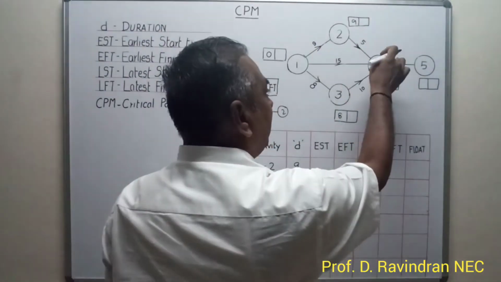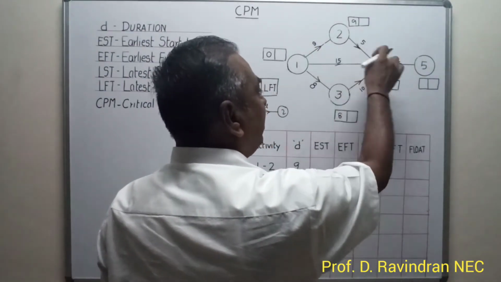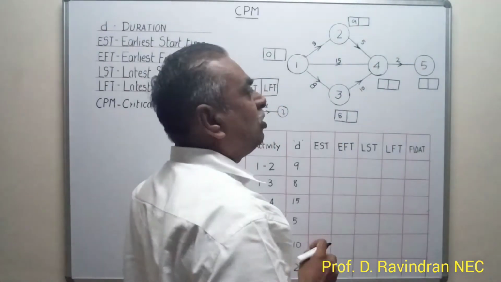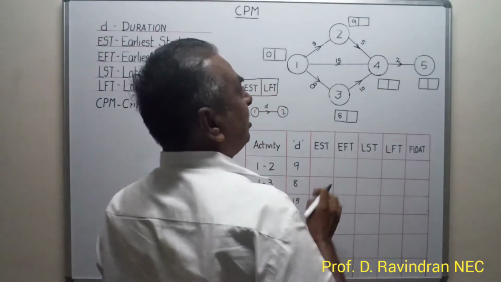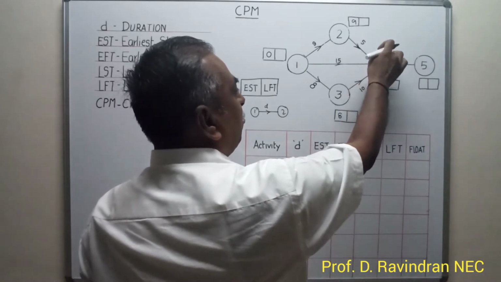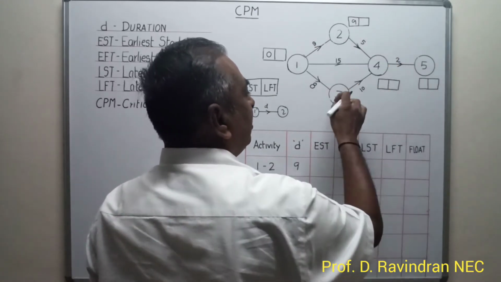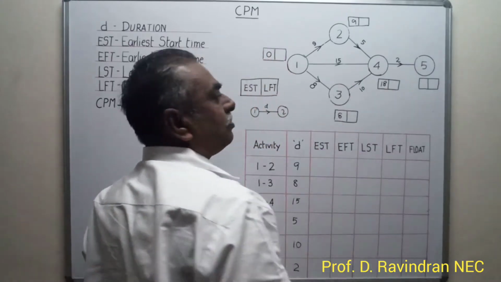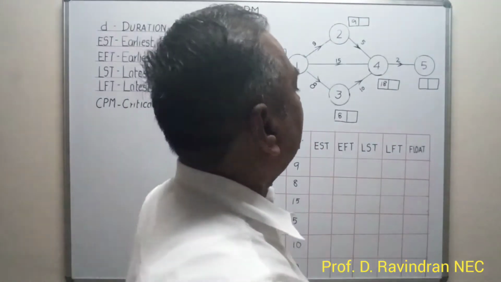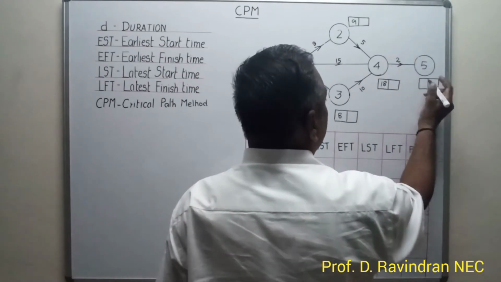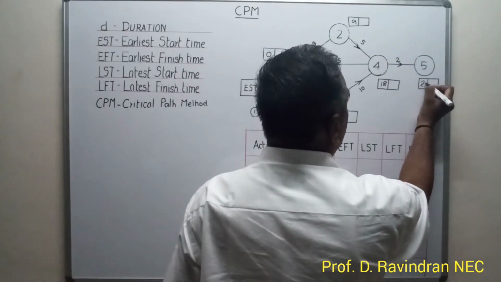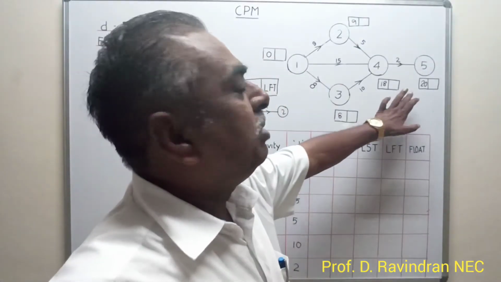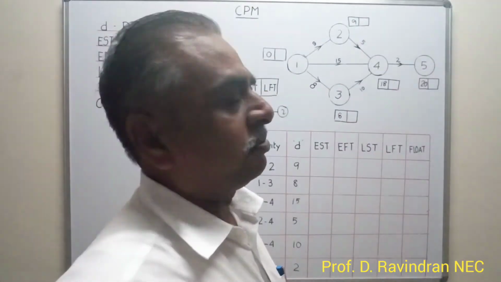So when various arrows coincide at an activity, we have to find the maximum path, then only can we start the next activity. By this path 9 plus 5 is 14, this path 15, this path 18. So 18 is the earliest starting time of the 4-5 activity. It takes 2 days, so the finishing time will be 20. That means the project can be completed in 20 days.